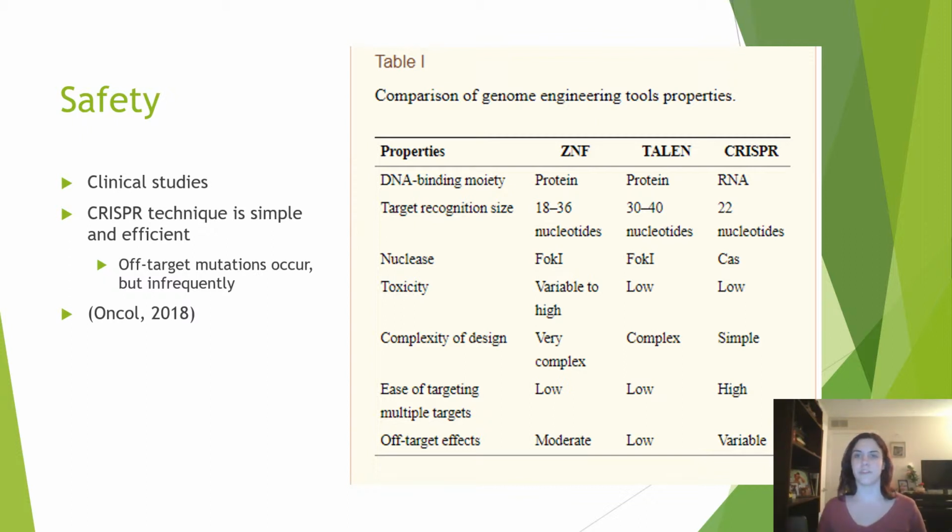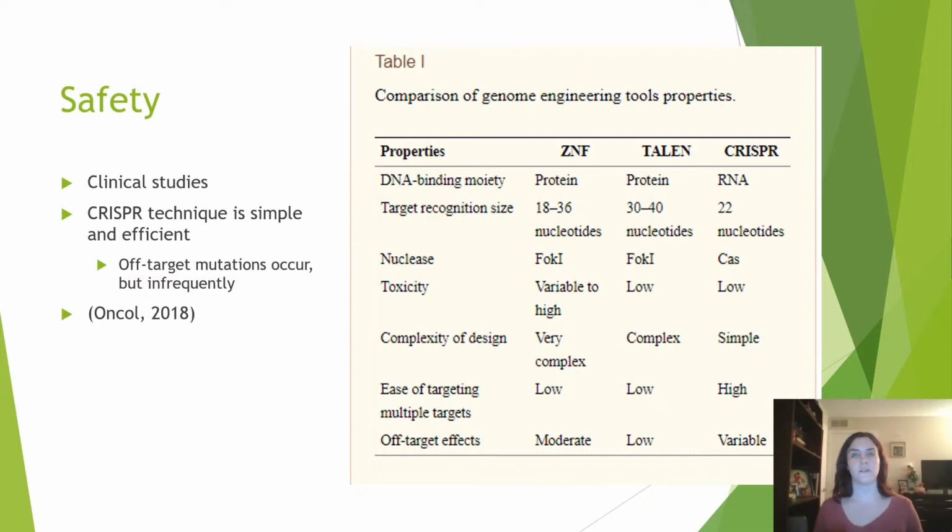The one on the far right is CRISPR, and as we can see, it is the least complex in design, and it is the easiest to manipulate and choose which sections of DNA are going to be split. So with safety, we know what's going to happen at the end.